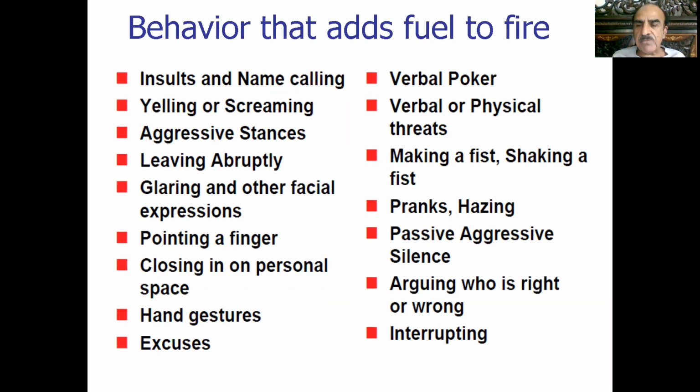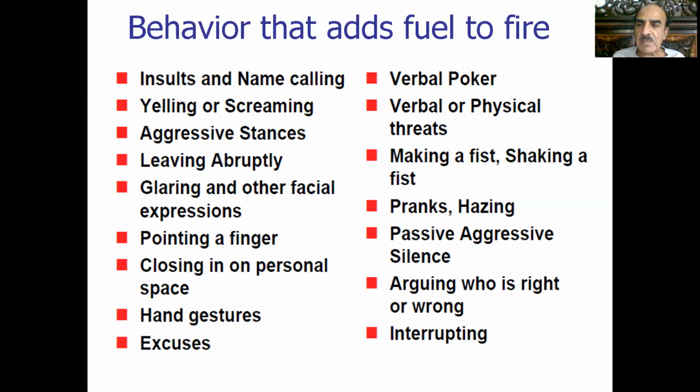Now, some types of behaviors certainly add fuel to the fire in escalating conflicts. For example, insulting people by calling them names, yelling and screaming at others, aggressive stances, leaving abruptly, leering and other facial expressions, pointing a finger, closing in on personal space, hand gestures, excuses, verbal pokes. Verbal poking is a very dangerous and highly negative thing.